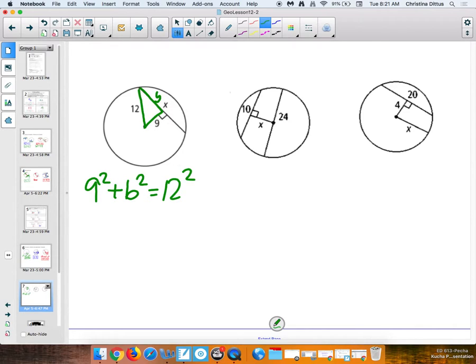And what'd you get for y? 7.9. Okay, so then times it by 2 to get the entire x. 15.9. 15.8. Yep.